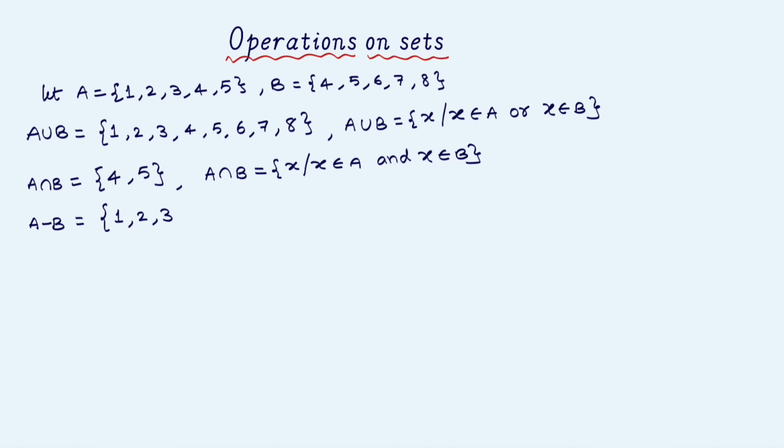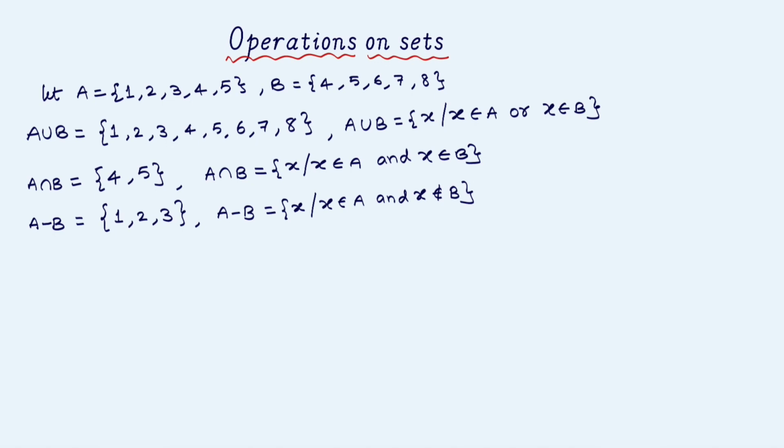Because they are also elements of B. We should not write elements of B. We have to write only elements of A, that is A minus B. A minus B is what? Only 1, 2, 3. How do we write set builder form? A minus B is equal to X such that X belongs to A and X does not belong to B, means we do not take elements of B.